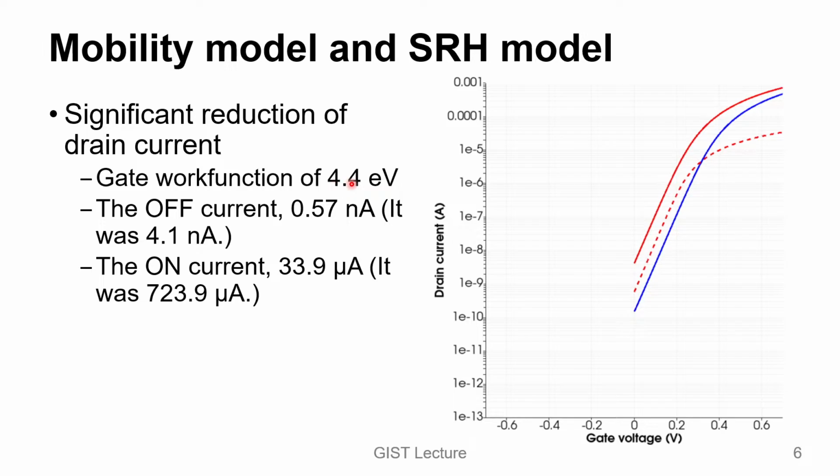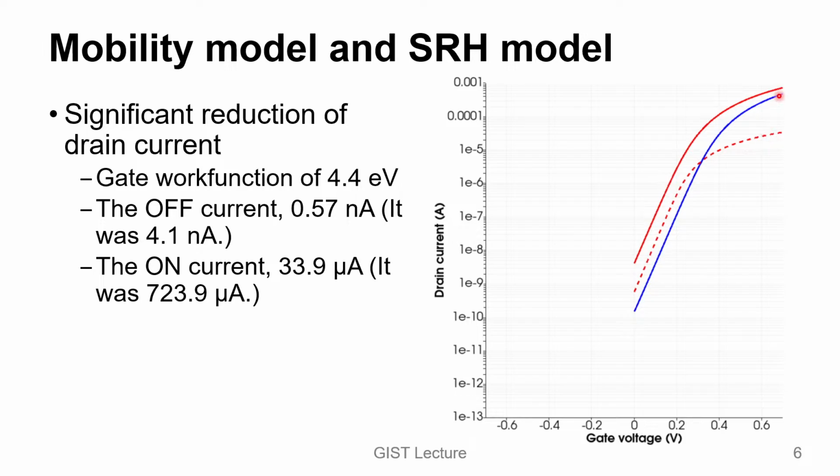Gate work function is 4.4 eV, so as shown here, this curve and this curve share the same gate work function. Their difference is only the model specification: without any mobility model or SRH model, versus with the default mobility model and SRH model.